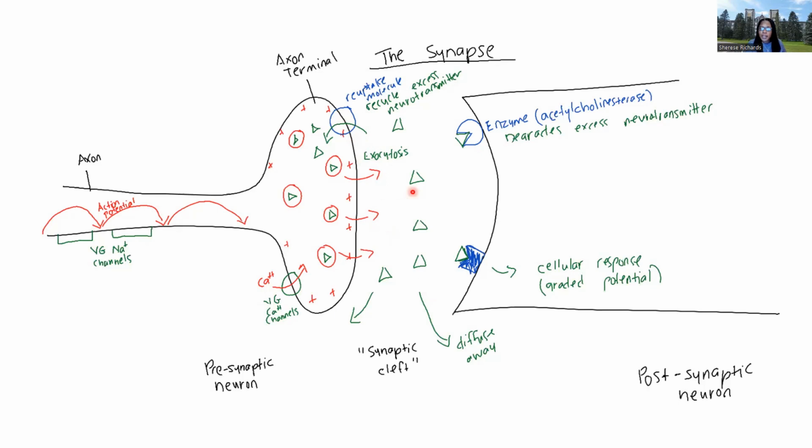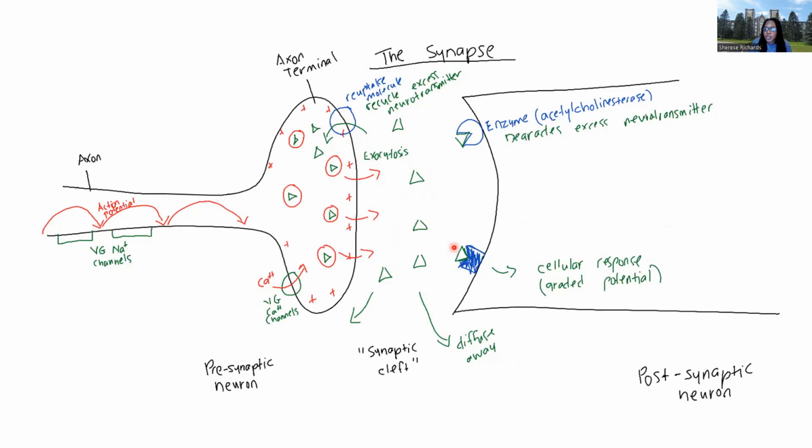So those are the activities or events that cause the delay. The delay is not caused by the time that it takes for the neurotransmitters to cross the junction, right? So that is not what causes the delay.